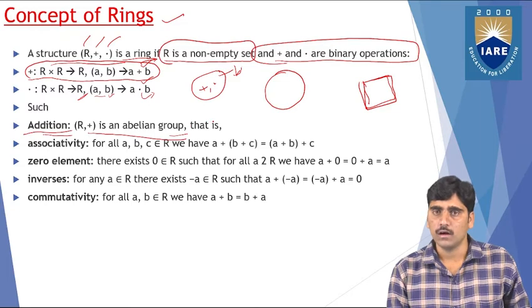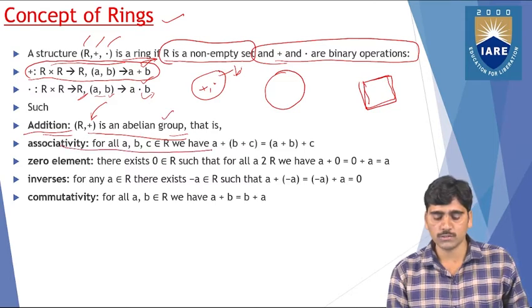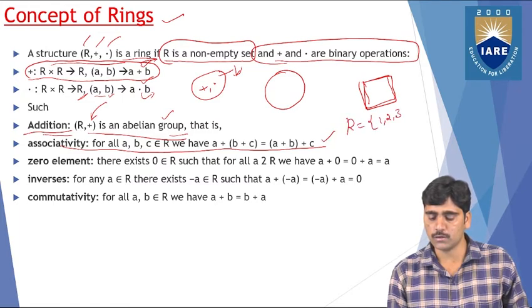That means R with respect to the plus operator should be an abelian group, and the associativity property should be satisfied. The elements of the ring can be any numbers, since it is a non-empty set, and it can have all different types of elements.